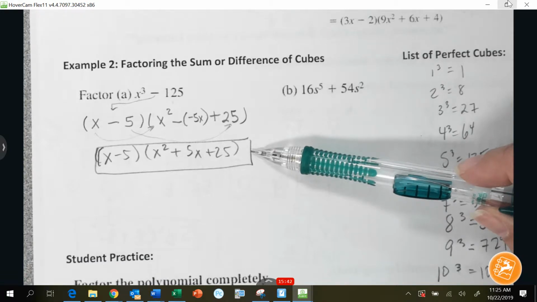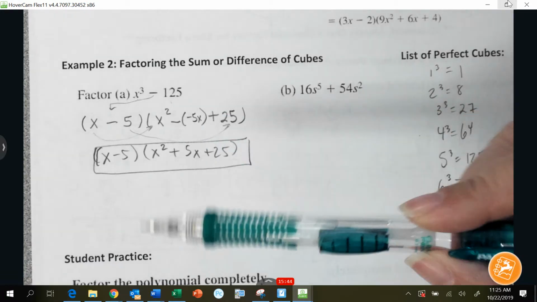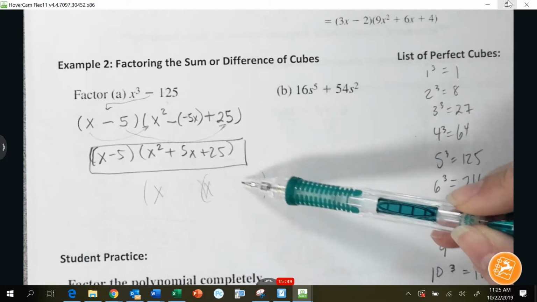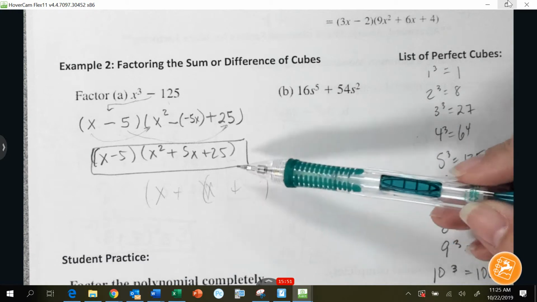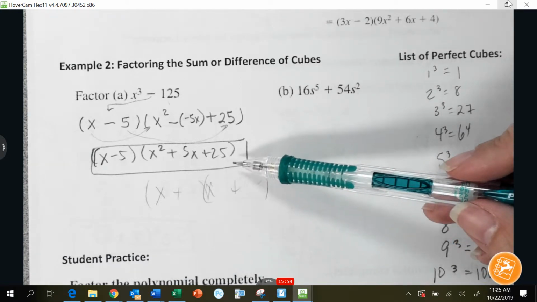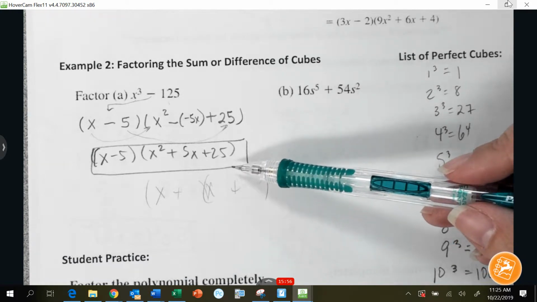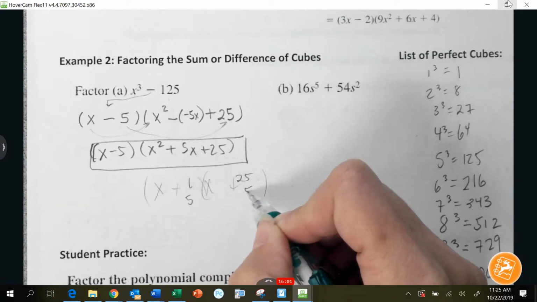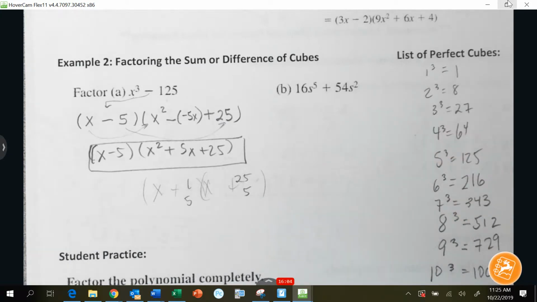So what multiplies together to give me x squared? X and x. The signs tell me that they're going to be both plus. What multiplies together to give me 25? It's either 1 and 25 or it's 5 and 5. Which one's going to work here? Neither of them?